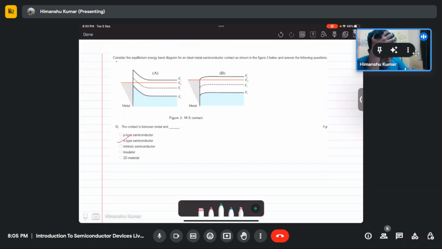So consider the equilibrium energy band diagram for an ideal metal semiconductor contact as shown in figure 2 below. Answer the following questions.